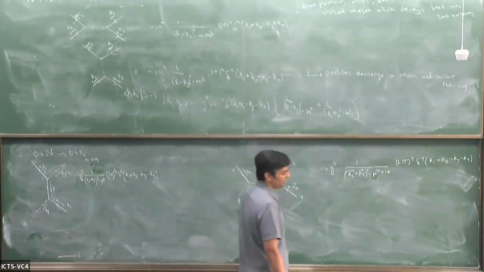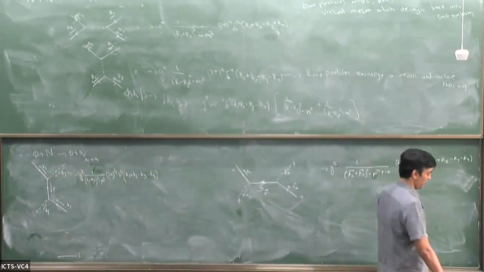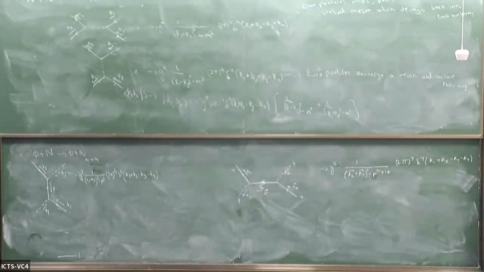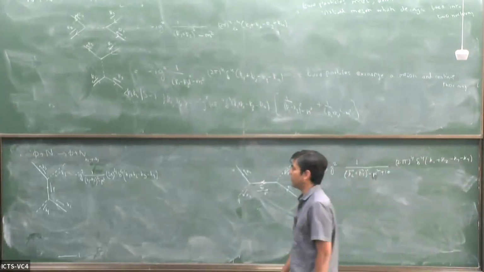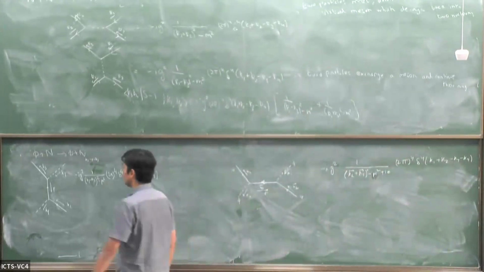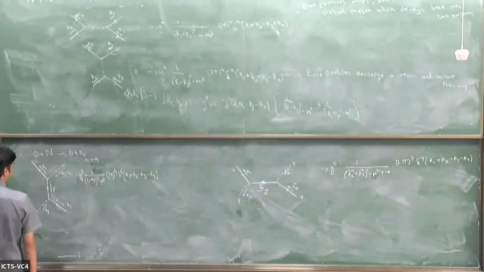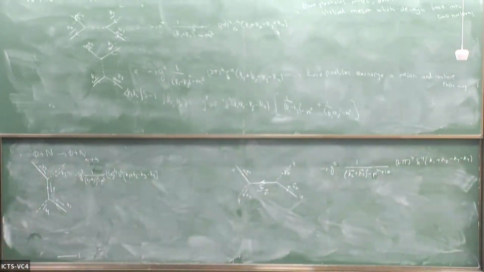So it's pretty simple to draw these diagrams. You can consider other processes if you like, and you can draw these diagrams. In some cases you can get different kinds of diagrams. The only thing to remember, I guess, is that when you draw these diagrams, if you have a case where the final states are the same, you have to remember about the symmetry. Okay, so that's good.